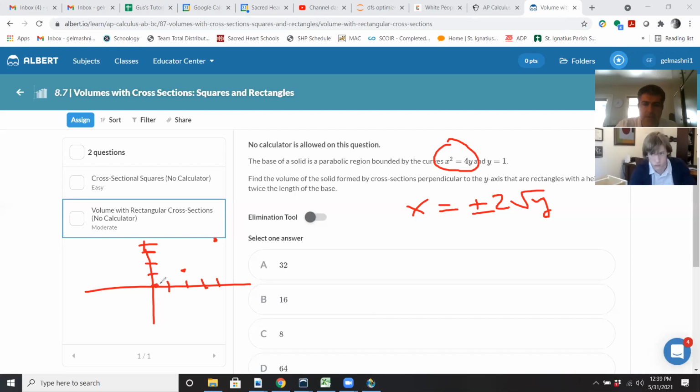Hold on, let me make sure I'm doing this right. So it's not a sideways parabola, I lied. And y equals 1. But your cross sections are perpendicular to the x-axis, so let me redraw that. This is actually a really crappy drawing.